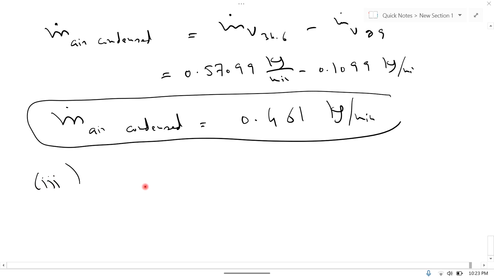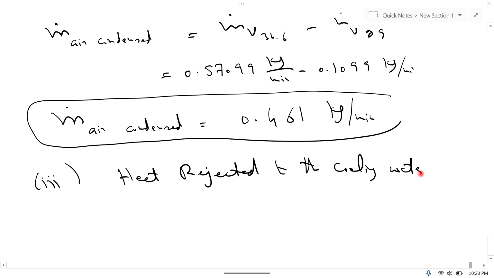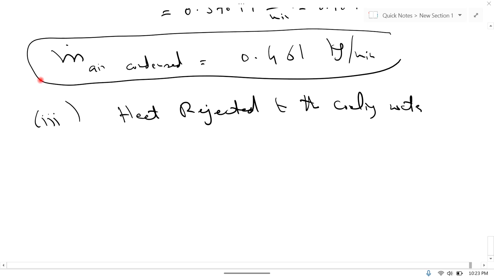Heat rejected to the cooling water. So we know that mass of steam, which is given in the start of the problem, is 20,000 kilogram per hour.